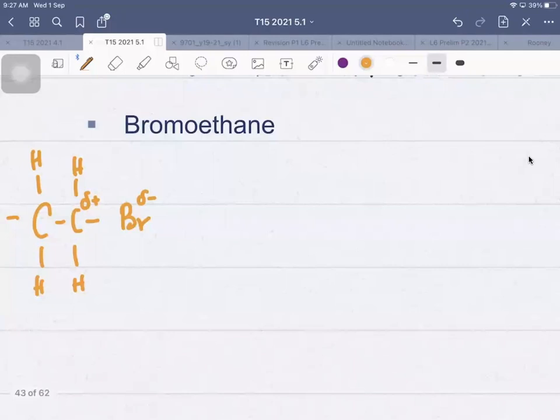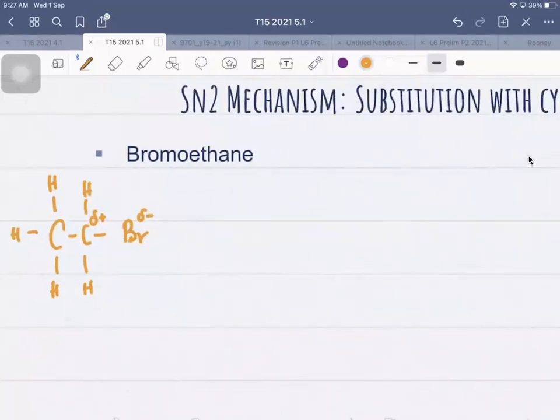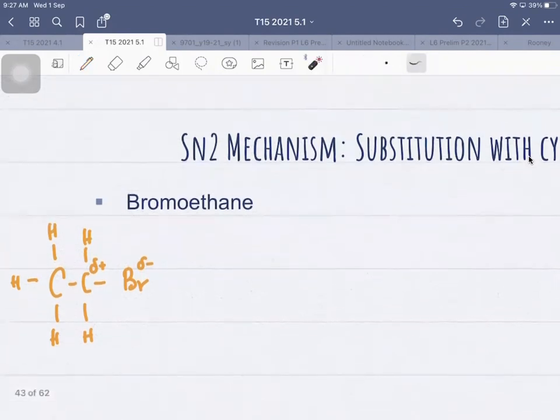So always write down the polarity of your carbon halogen bonds. They're polar. SN2 mechanism means that there are two species involved in the slow step. The first species is your halogenoalkane, and the other species is your nucleophile. In this case, your nucleophile is again cyanide ion.